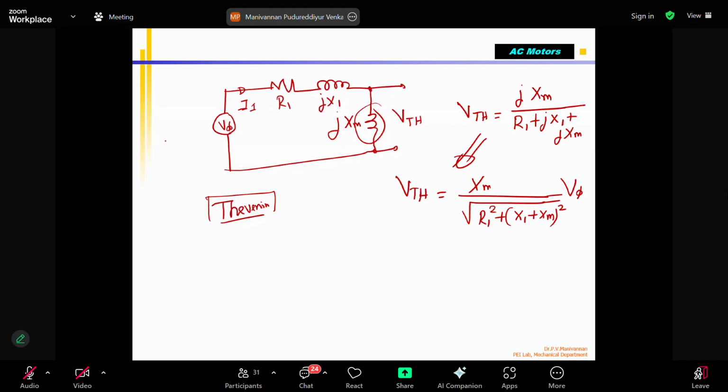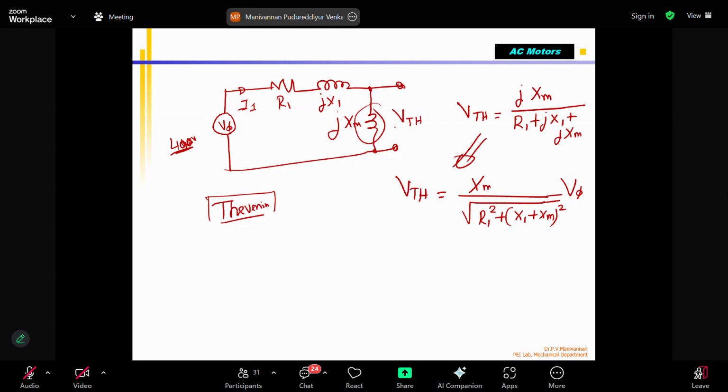If we know the input voltage, we saw 440 volts or 400 volts in the previous problem. I think it is 400 volts we referred to. We know that XM, R1, and X1 were given. Once they are given, you can always find the voltage available at this point using the formula.